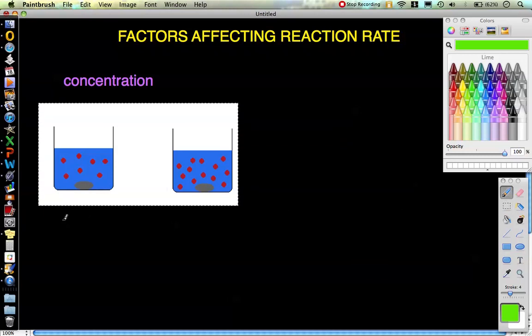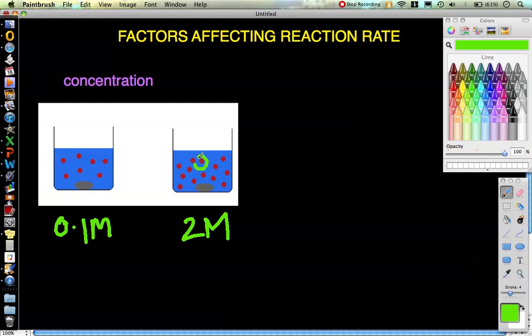On the left hand side, we've got a reasonably weak solution, so we can say that that is 0.1 mole HCl. And on the right hand side, we can say that it's much more concentrated at 2 moles of HCl. So if you increase concentration, then by definition you increase how many particles you've got of something in a solution.